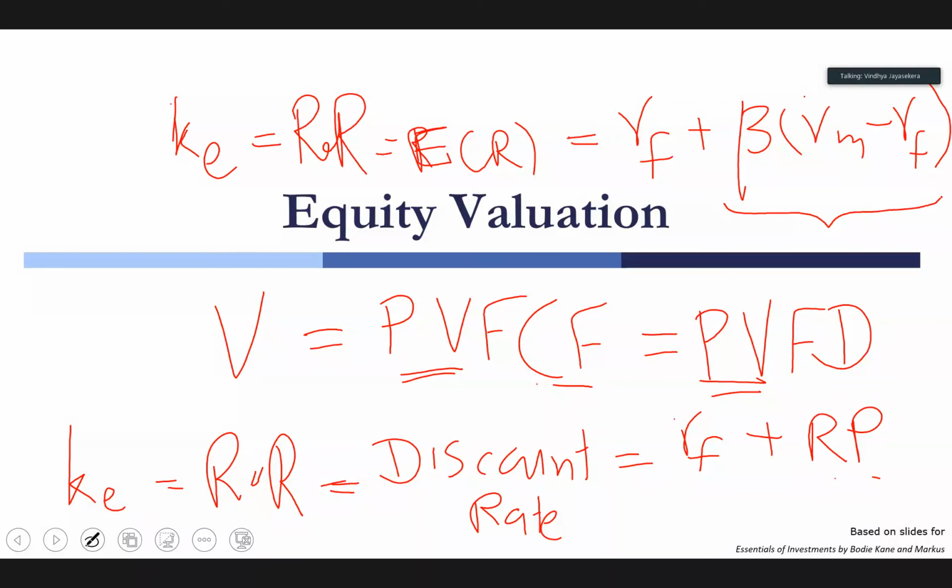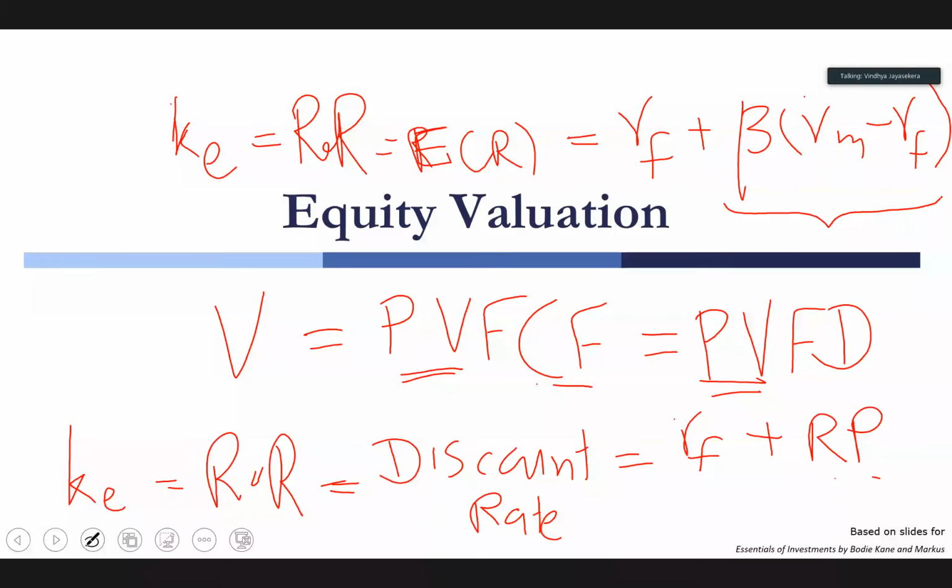You can have 3-factor models. You will have multi-factor models that many researchers have put out to say, this is the cost of equity, this is my required rate of return. It is not just the sensitivity to the market. It is about how big this company is, how liquid this company is, how it reacts to the economy, right? Depending on different factors that impact the company, different researchers have put out different models.